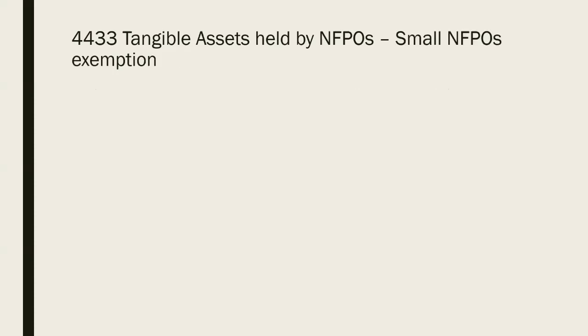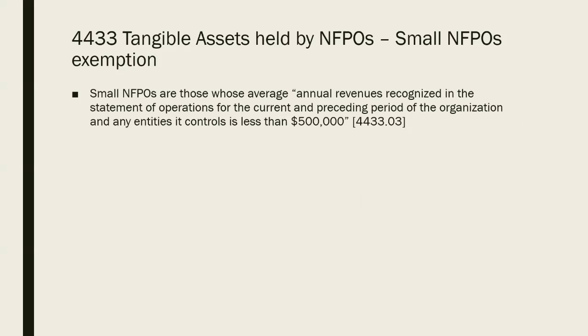Now, interestingly, there is a small not-for-profit organization's exemption, which relates when we are dealing with tangible assets. So first of all, what's a small not-for-profit? Small not-for-profit organizations are those whose average annual revenues recognized in the statement of operations for the current and preceding period, and any entities that the not-for-profit may control, so on a consolidated basis, is less than $500,000.